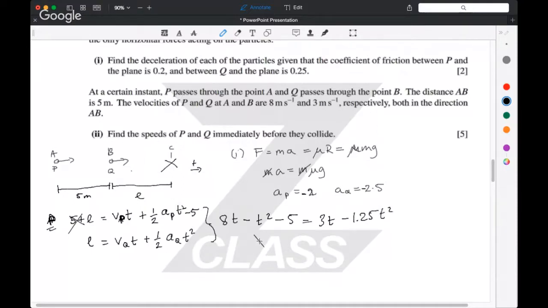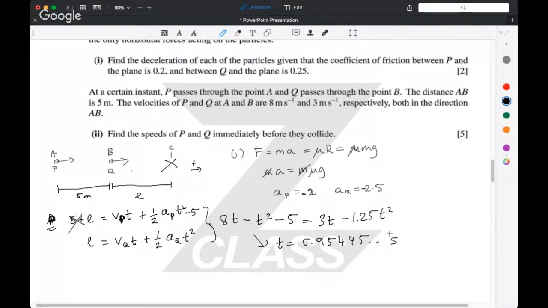And then I rearrange this to get a quadratic equation in T, and I get that T is equal to 0.95445 and so on seconds.